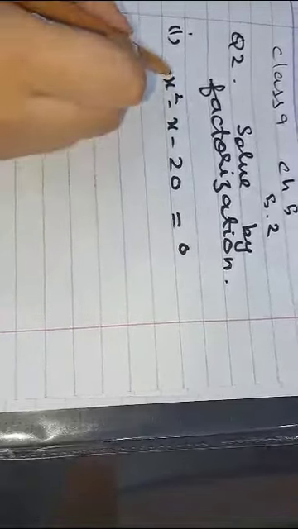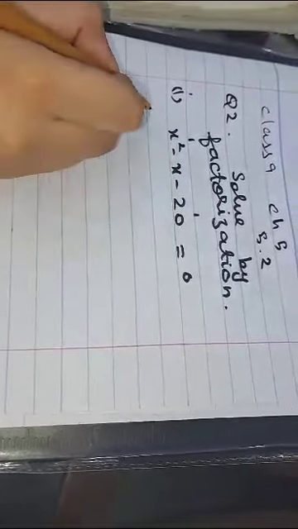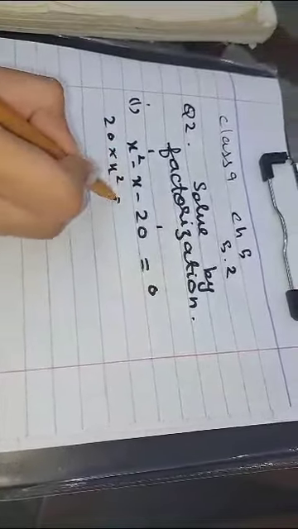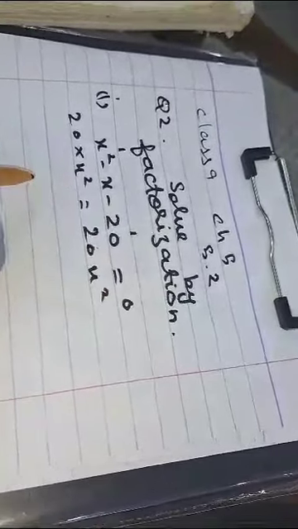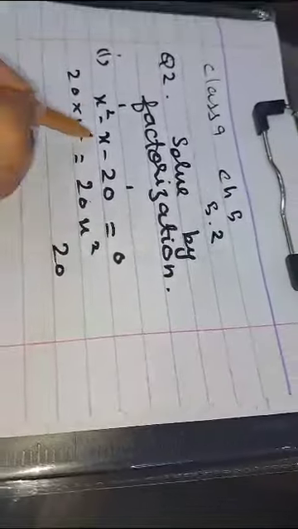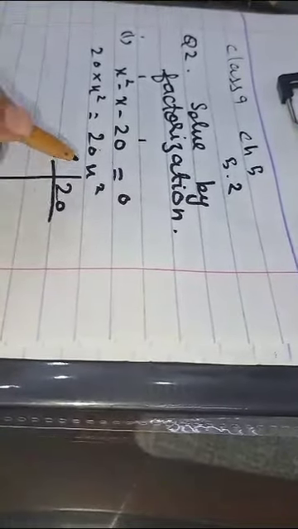You multiply the first factor and the last factor. If you multiply 20 into x square, you will get 20x square. Now you are going to find the factors such that you will get -x and -20. This is the best method I tell you, you make the right factors.